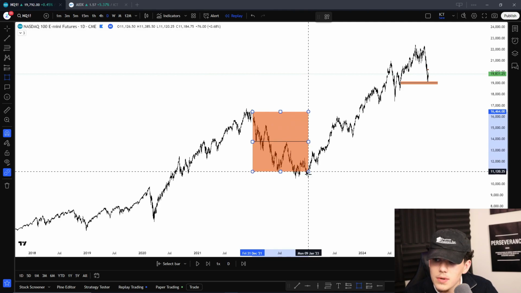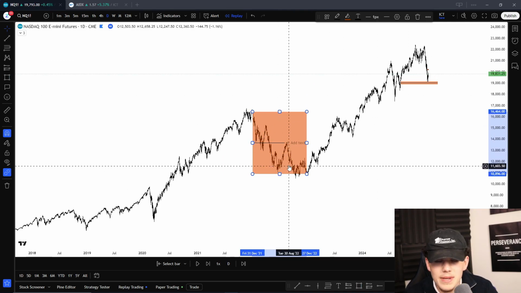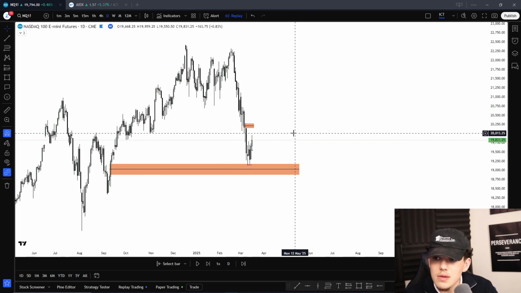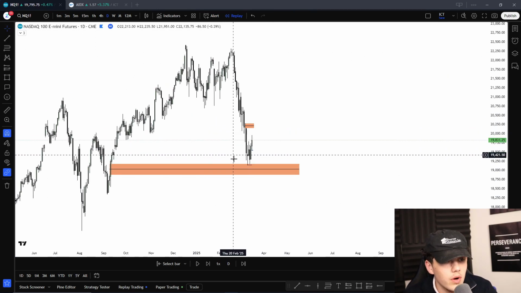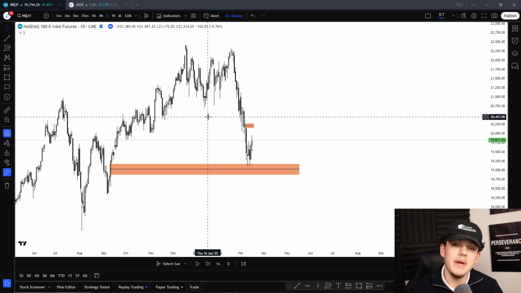We went so much lower in the 2022 crash, but we went so much higher because we did that. So when you see price move so much lower or so much higher, you can anticipate that could be manipulation and then catch an even bigger move to the opposite side.